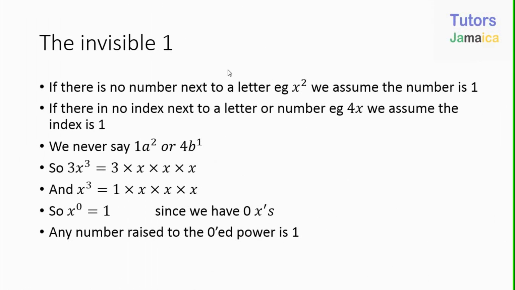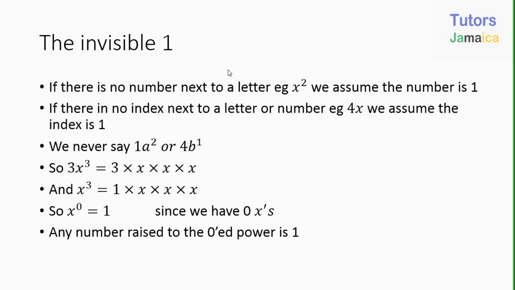Okay, so the invisible one. If there is no number next to a letter, for example x squared, we assume the number is 1. If there is no index next to a letter or number, for example 4x, we assume the index is 1. We never say 1a squared or 4b to the first, right?